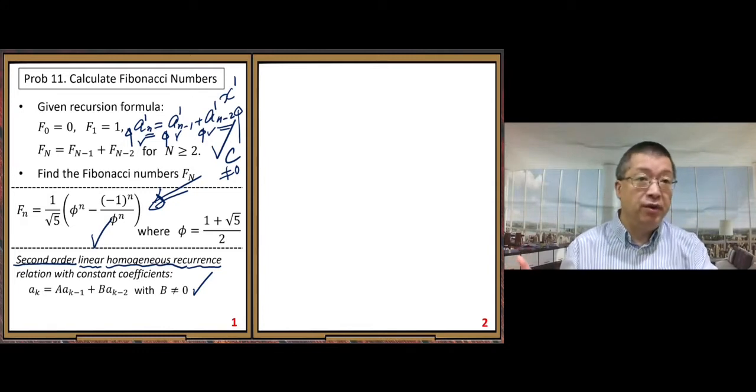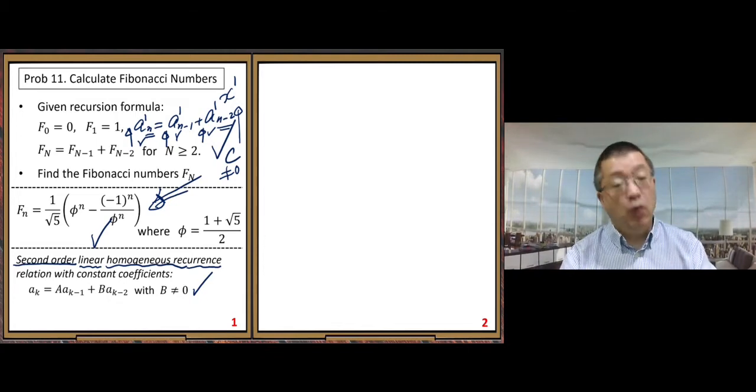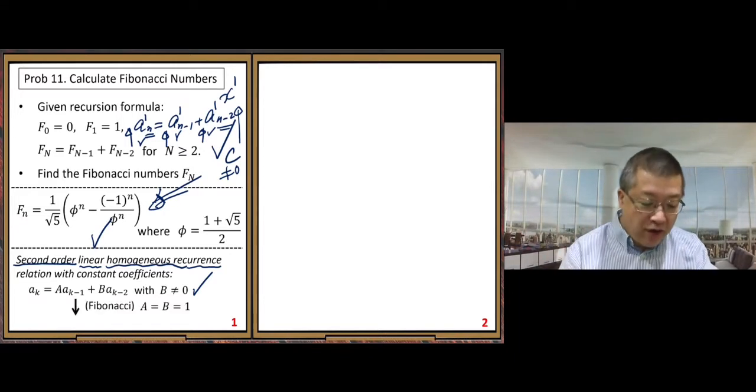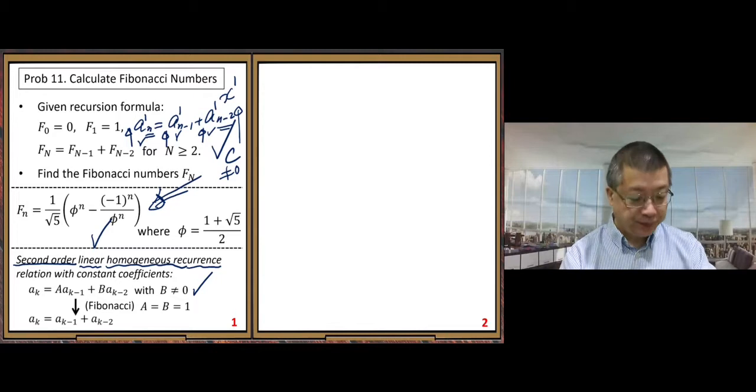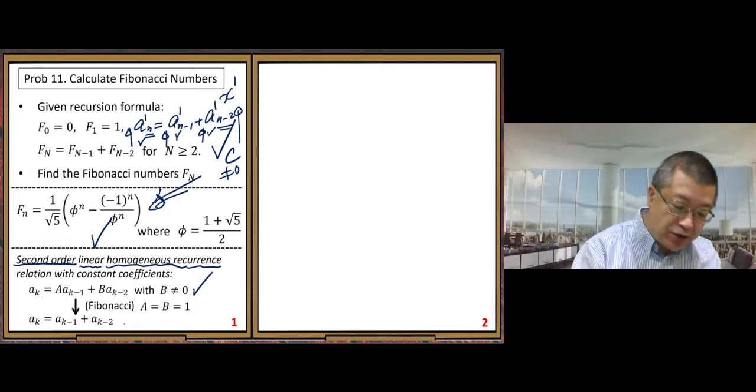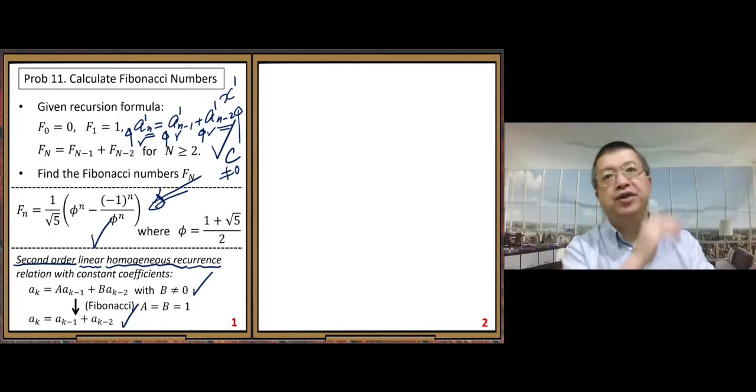If b equals 0, we get a first order linear homogeneous recurrence relation with constant coefficients. Then for our Fibonacci numbers, a and b both equal 1, the special case. So we just need to solve this recurrence relation.